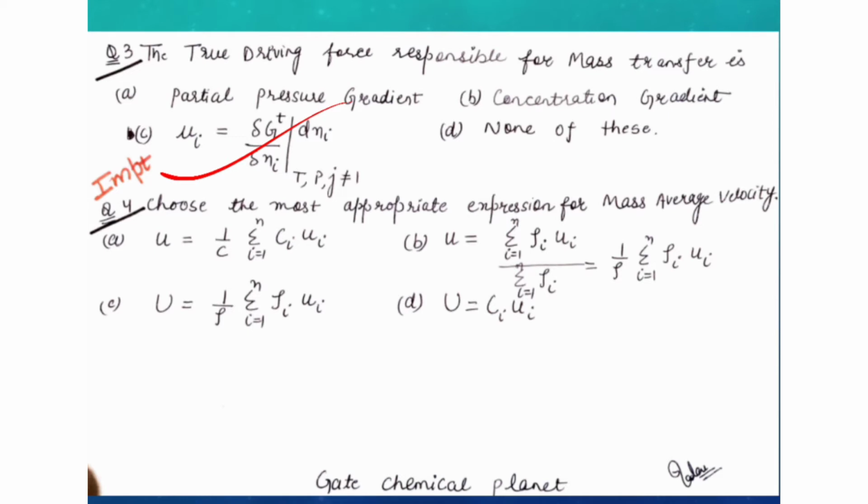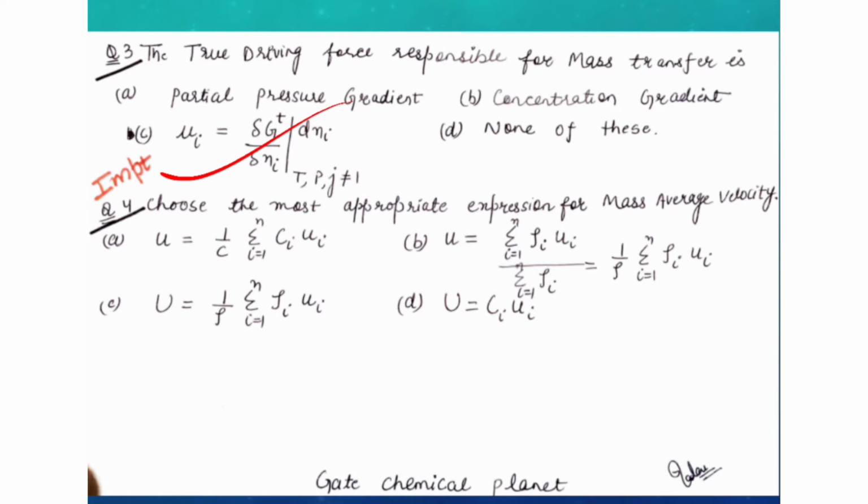So it is the summation of concentration gradient, partial pressure gradient, mole fraction gradient, or temperature gradient. Also other driving forces are humidity differences, solubility differences, electric field differences and magnetic field differences. So for all the cases, the chemical potential or the activity is the true driving force in the case of mass transfer. So here option C is correct.